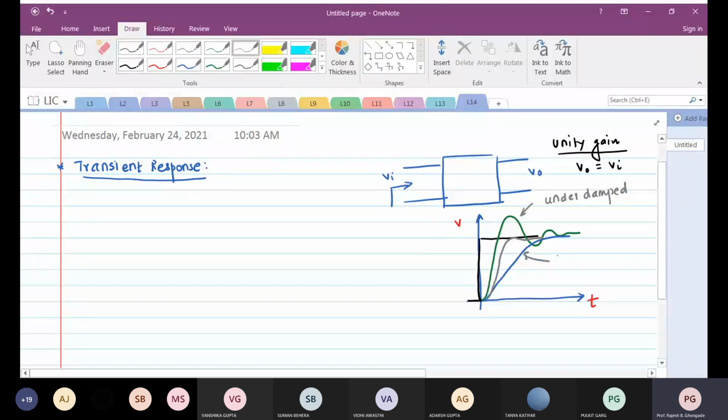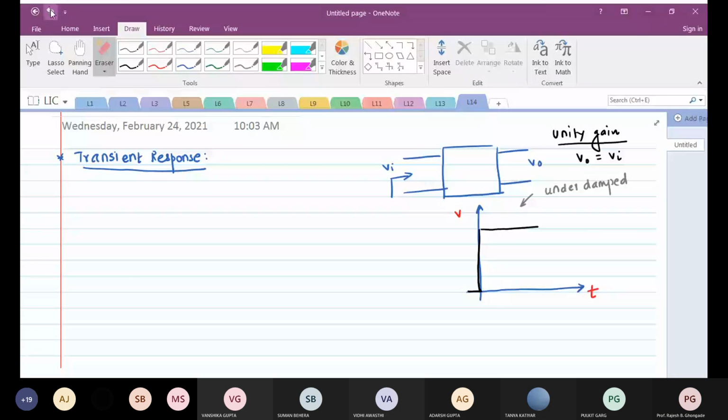This is called the overdamped. And this is called the critical. Okay. So this is called the response of any system.